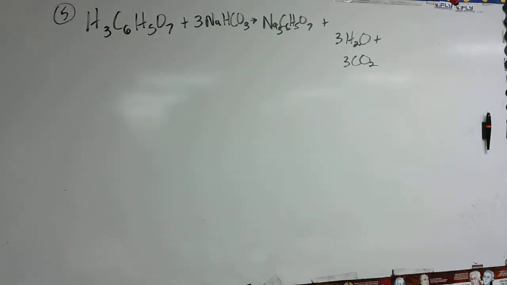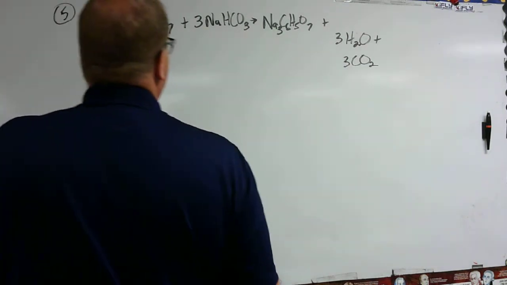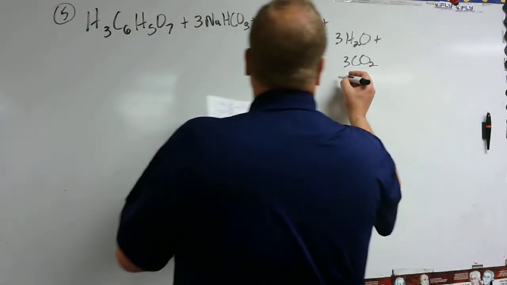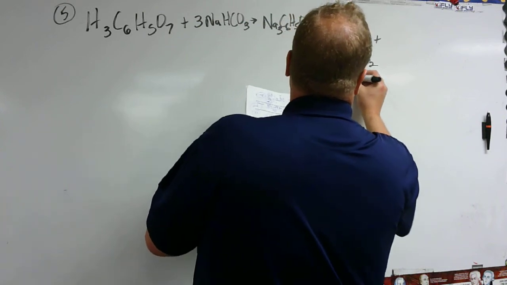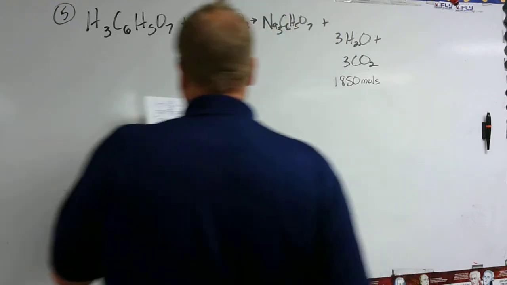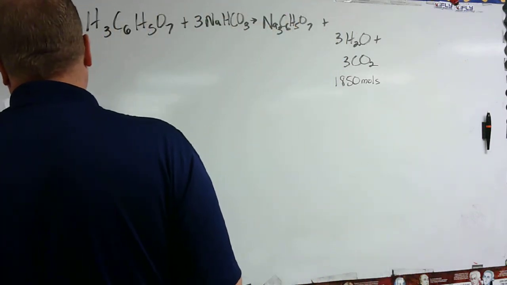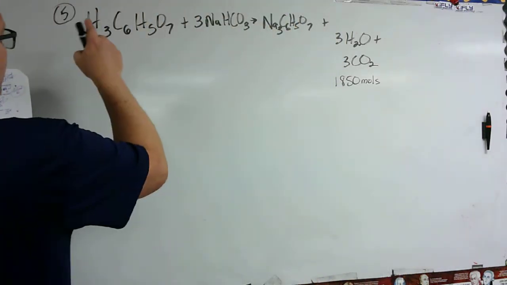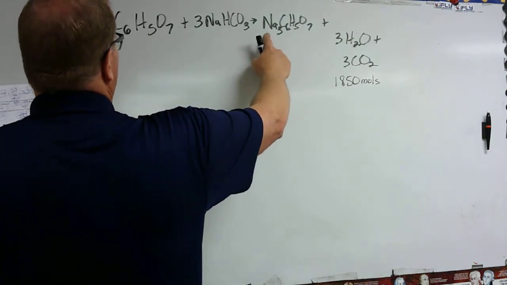Okay, we have something that's 1,850 moles of carbon dioxide are found. So that one is already good. What molarity of citric acid? This is sodium citrate.